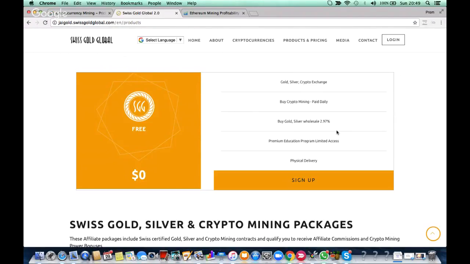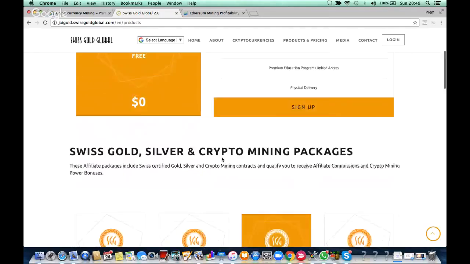If suddenly gold and silver start skyrocketing in price and you think, oh, I better catch some of that, then you can switch your crypto into metal, or you can switch your metal into crypto. You're completely flexible, and the free account is totally stress-free, hassle-free, no problem.